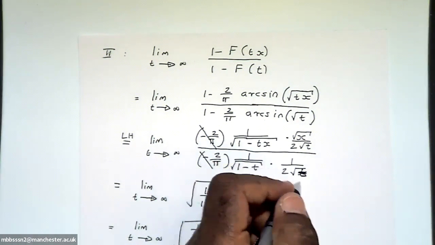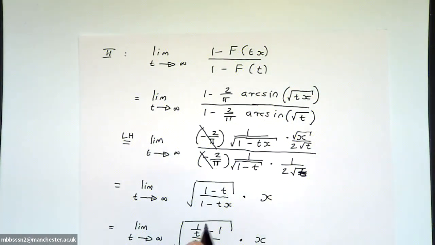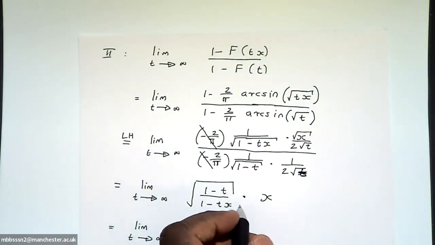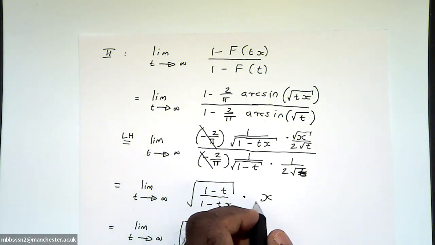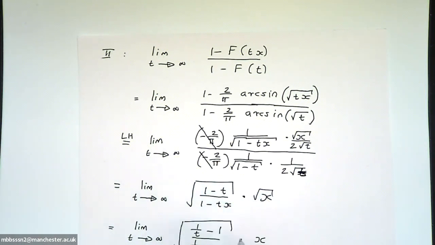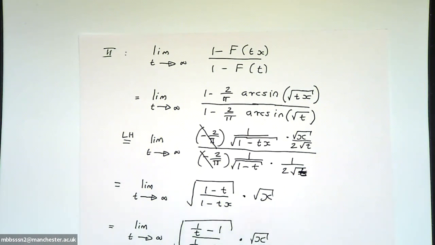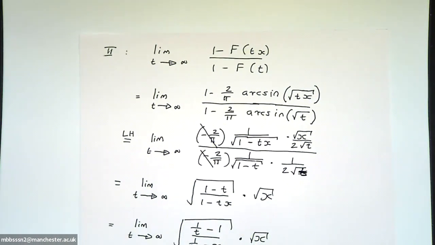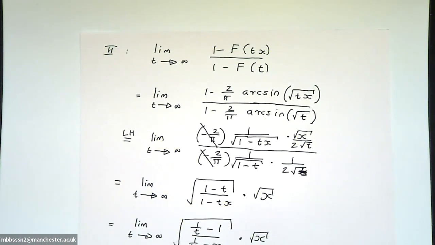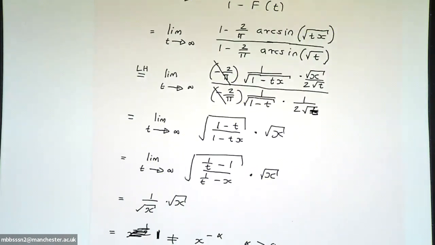Yeah, you get this. So this becomes root of x, this becomes root of x, this becomes root of x, which is 1. Correct me if I'm wrong again.